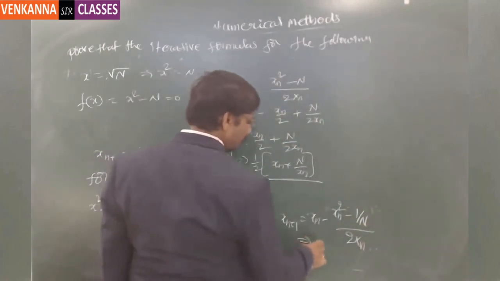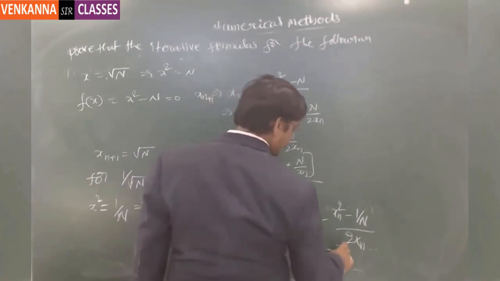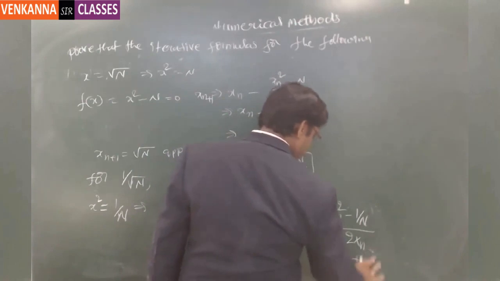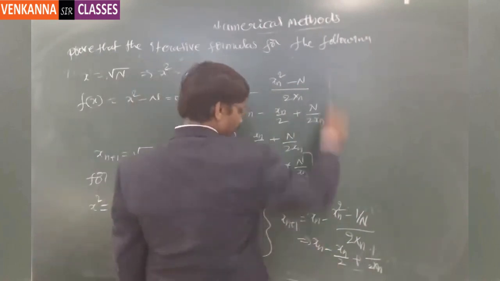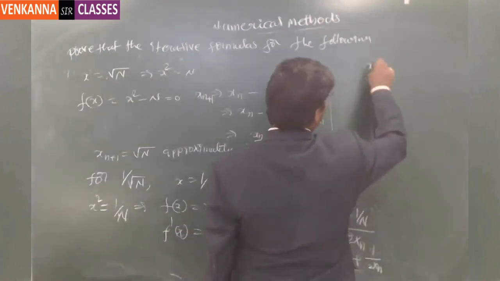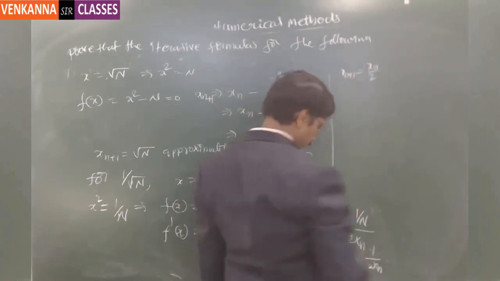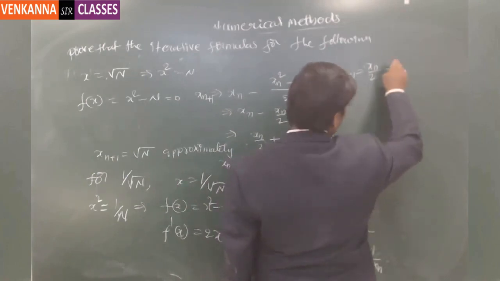So this is going to be xn minus xn by 2 plus 1 by 2xn. So this is the value. From this you can further simplify as xn by 2, which is the xn plus 1 value, plus 1 by 2xn.